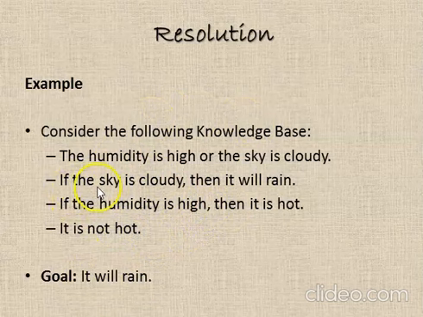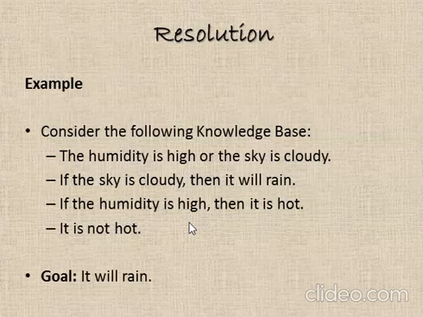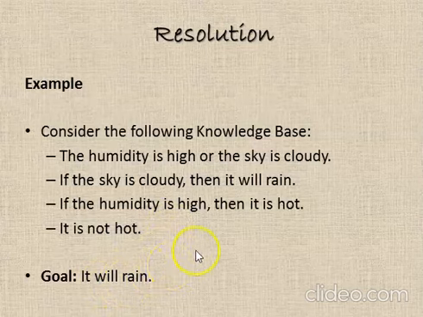So if the sky is cloudy, we can say that it will rain. So let us see how to develop this into a first order logic form, then into a CNF, and finally draw a graph to conclude that it will be raining.